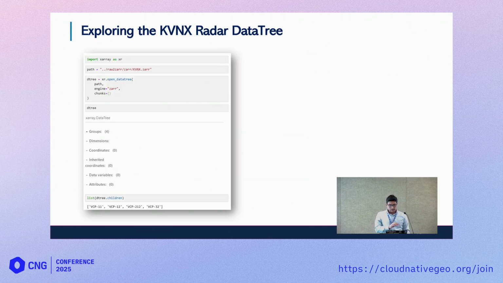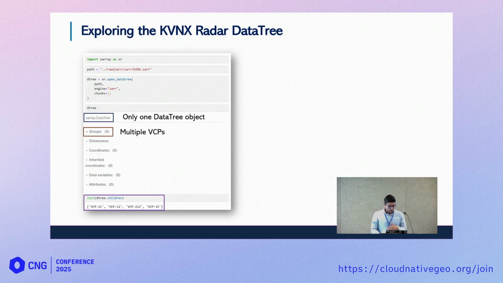So, great, now let me show you how this Radar DataTree looks. As you can see here, we don't have any single files, everything just lives within one Zarr store. And then everything is in just one DataTree object with multiple groups. In this case, each group will be a BCP.